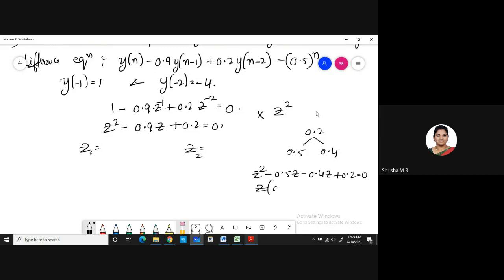You can do it in the calculator or you can do it like this also. So z into z minus 0.5 minus 0.4 into z minus 0.5 is equal to 0. So z minus 0.4 and z minus 0.5 is equal to 0. So you get z as 0.4 and 0.5. Got it, everyone? Z is equal to 0.5 and 0.4.